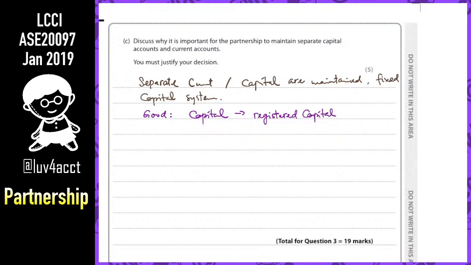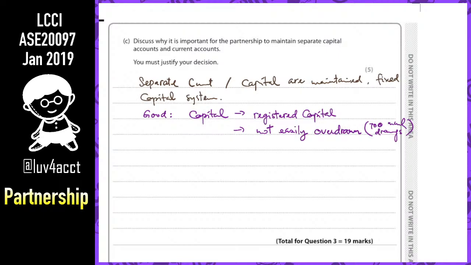So it is important to do that, so that you will not be easily overdrawn by too much drawings.